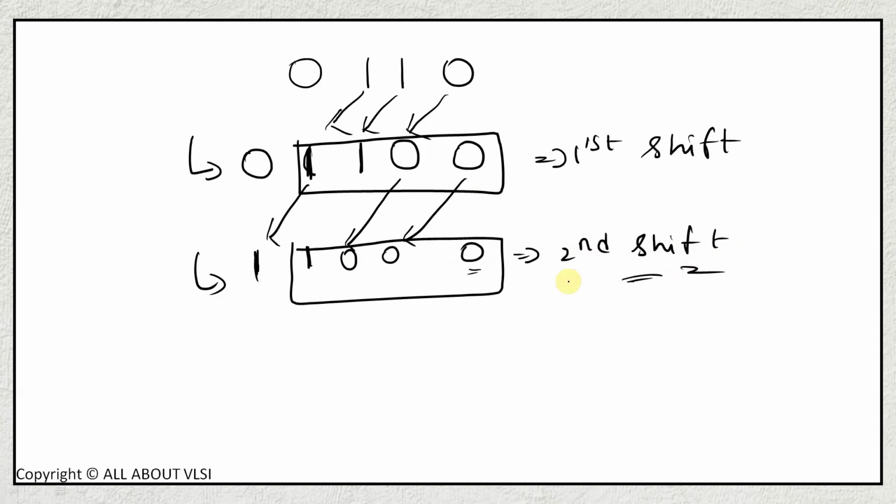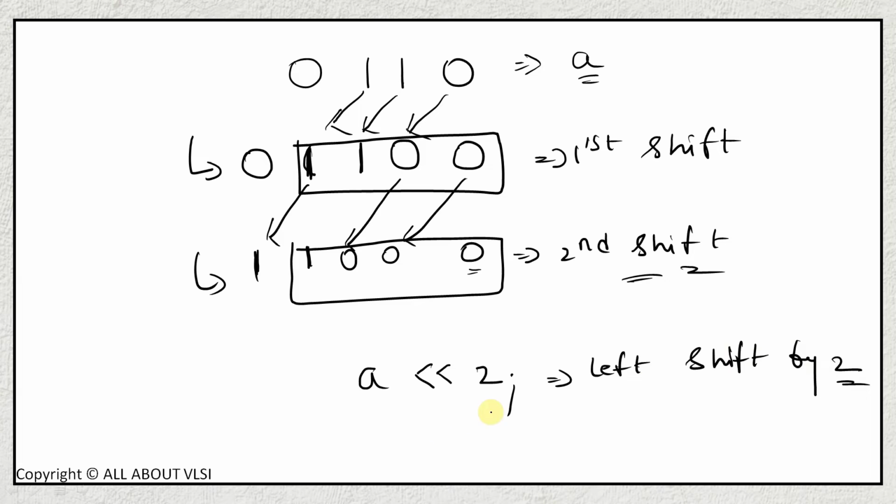Now if you want to write it in Verilog, how are you going to write it? Let's say you are storing this bit pattern inside a variable a. We are performing left shift, so you simply write a left shift of the number of shifts.